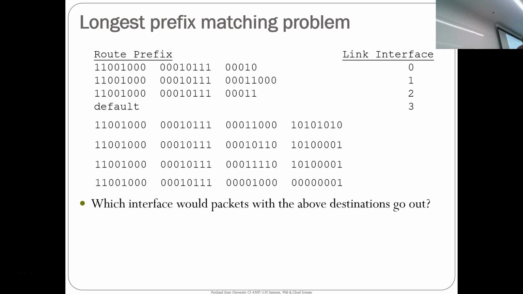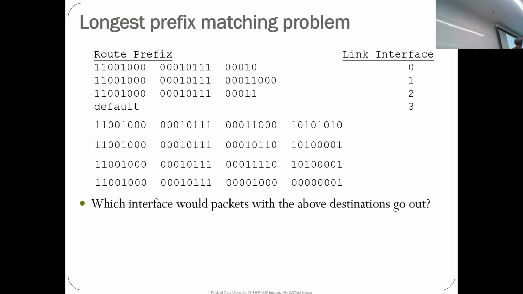In fact, if my destination is this with all zeros, it matches this prefix and this prefix. They overlap. So the algorithm is, if you match multiple prefixes, do the longer one. So if I do have that address, I will go on link interface 1.